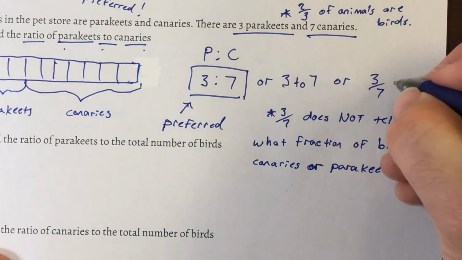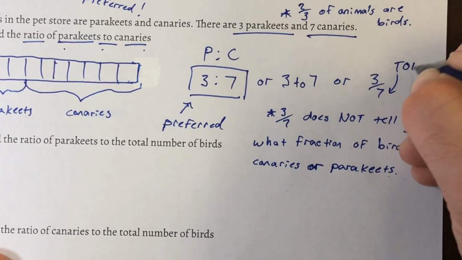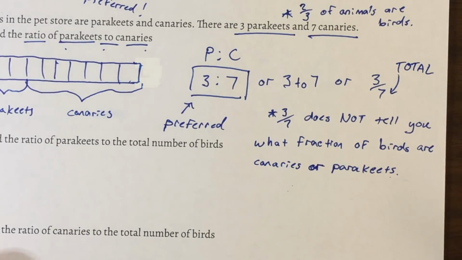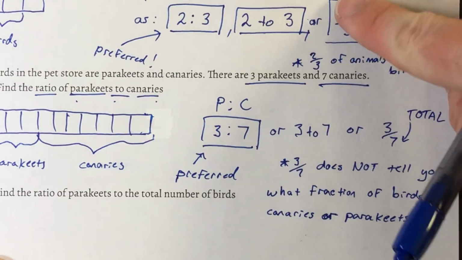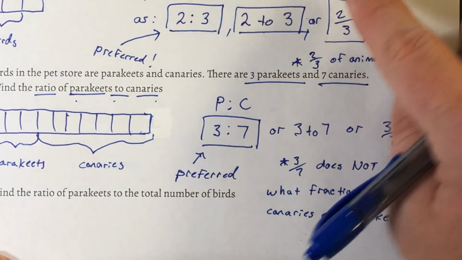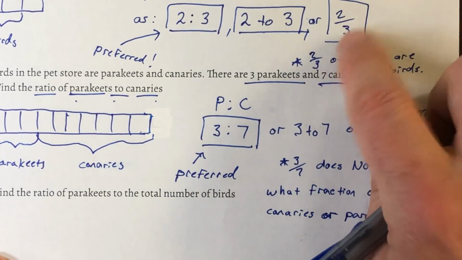Why? Because the 7 does not represent the total. So this is a part to a part. So parakeets to canaries, part of the animals to the other part. The other one up here, 2/3, or 2 to 3, the top one was a part, the bottom is a total.